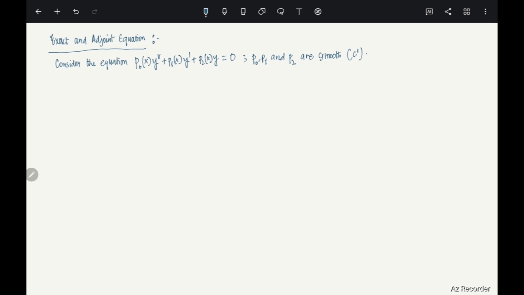Now let me give you an exact idea of what we are trying to do here. We want to solve this problem. Why this problem? Let's put it as a small remark. Let's say P0, P1 and P2 are constants.